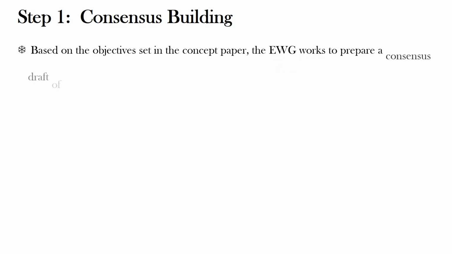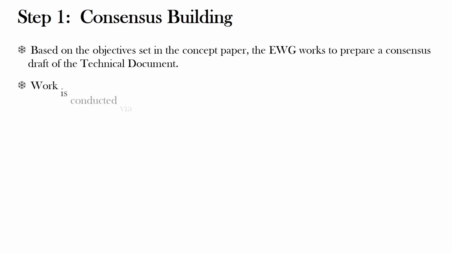The step 1 of formal ICH harmonization, which is consensus building. Based on the objectives set in the concept paper, the expert working group works to prepare a consensus draft of the technical document.